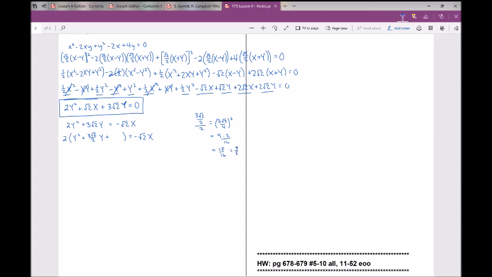Okay, so the number we're going to add here is 9/8. And the number we're going to add to the right side will be 2 times that, so we'll get 9/4. All right? Okay, I think that was the hardest part. Now let's just go through and simplify a bit more.